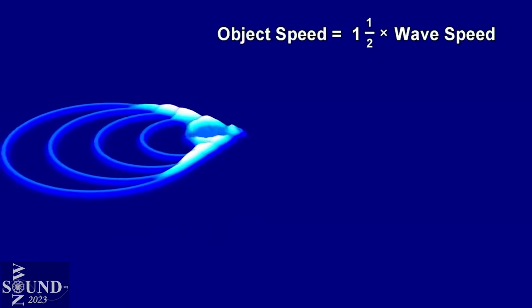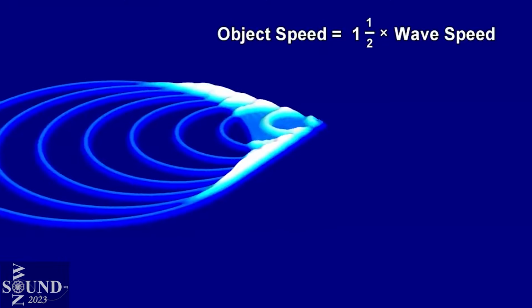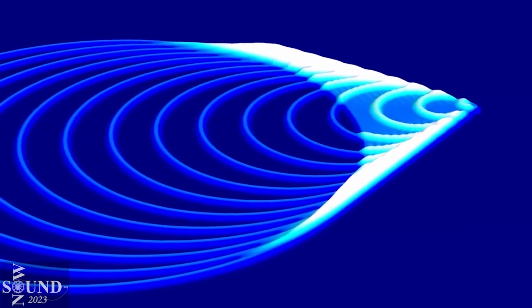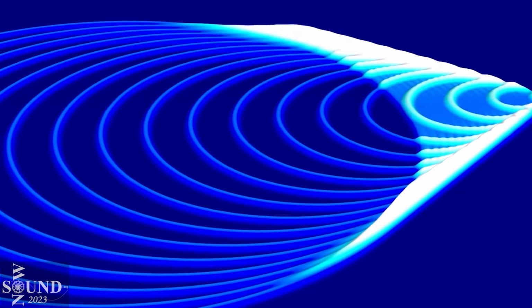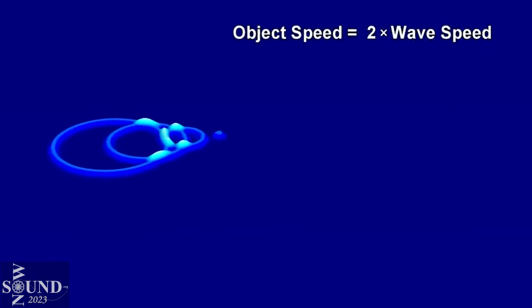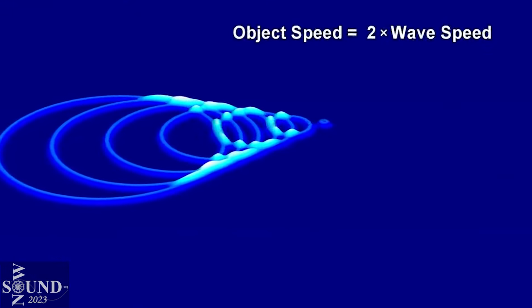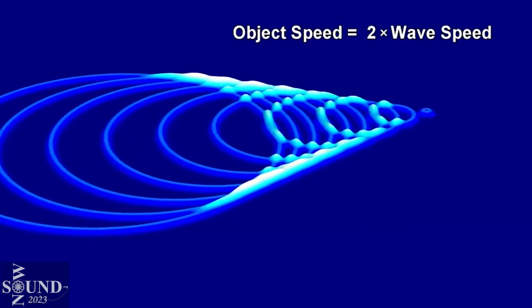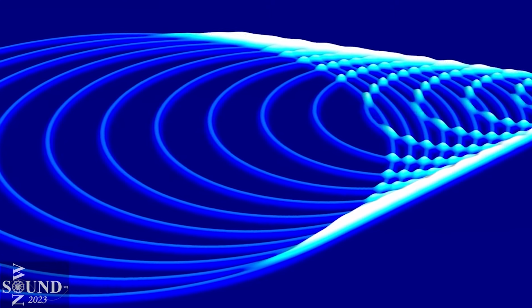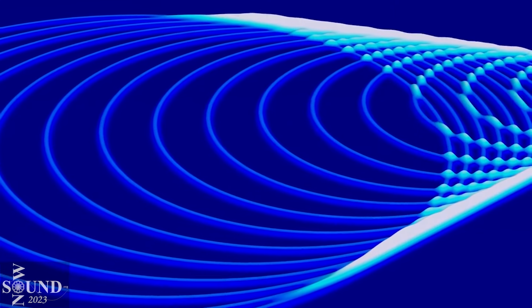Then when we go faster, that's where we start getting the cone behind, and then there's the hyperbola carpet where we start getting the boom at the back. And this is a visual representation moving at double the speed of sound. You can see that cone is a lot further back behind the object.